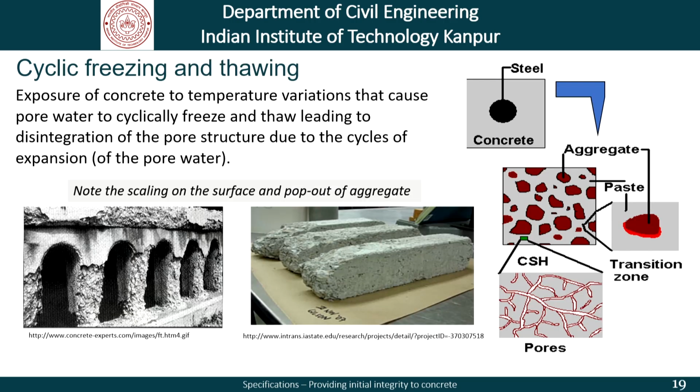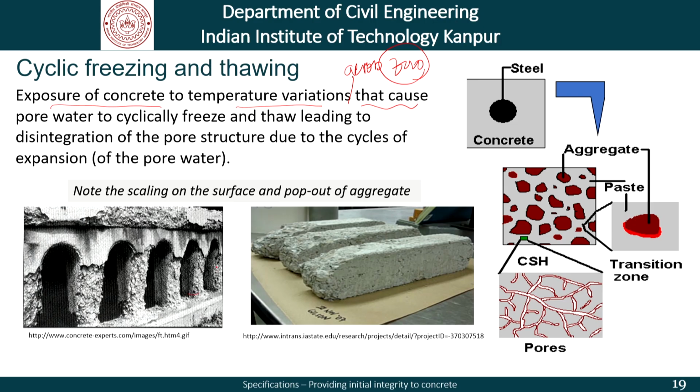So moving forward, we come to a different mechanism of deterioration, the cyclic freezing and thawing. We have talked about this mechanism earlier in this course. It basically involves disintegration of the pore structure upon exposure of the concrete to temperature variations across 0 degrees centigrade that cause pore water to cyclically freeze and thaw, leading to disintegration of pore structures due to the cycles of expansion in the pore water.